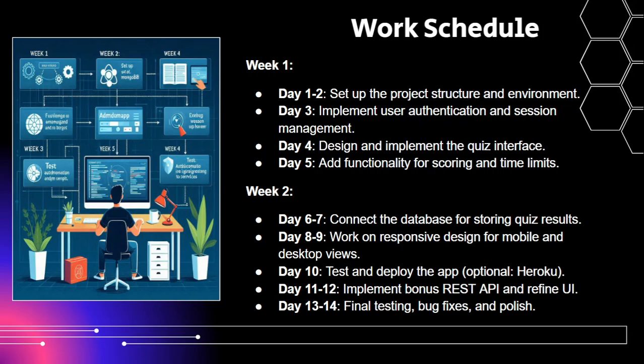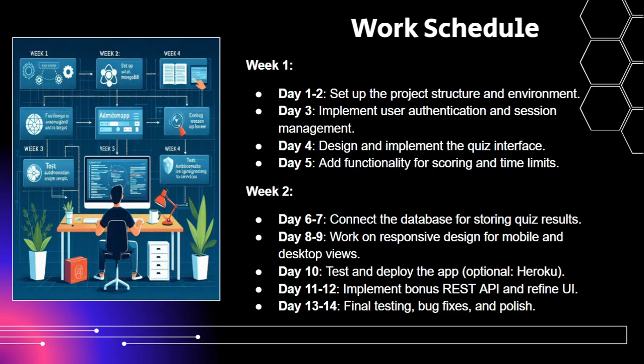Then when it comes to work schedule, as I said, I'm going to use Trello. The development of the app is going to take approximately 2 weeks, and as you can see here, this is the schedule that I've laid out.